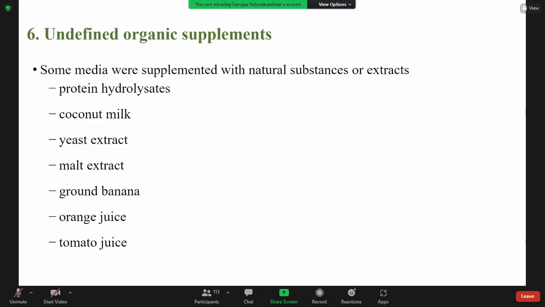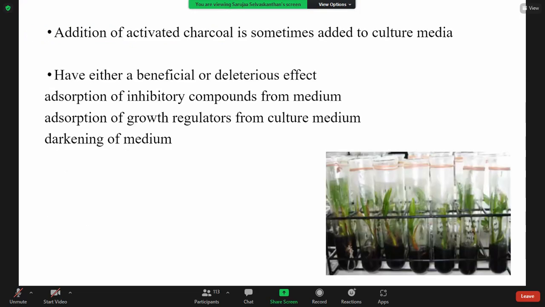And activated charcoal, these things I already taught you, just to recall, right? Activated charcoal we add mainly in the rooting media, but we can't expect the results we actually expect. There may be some failures, because normally we think activated charcoal absorbs the inhibitory substances from the media.